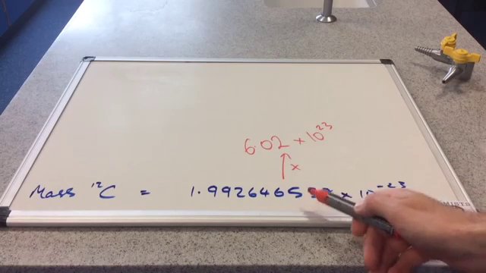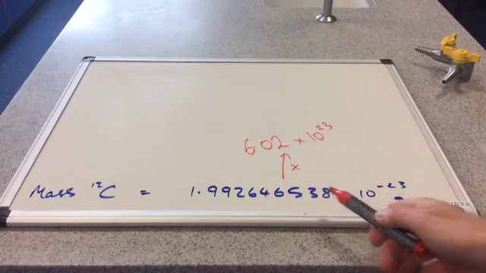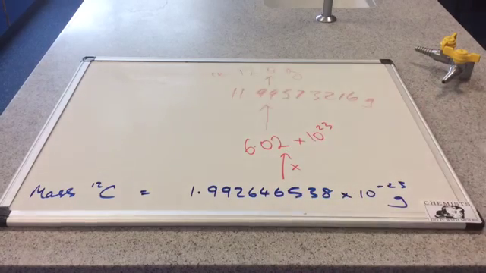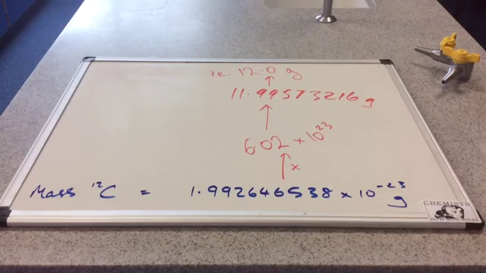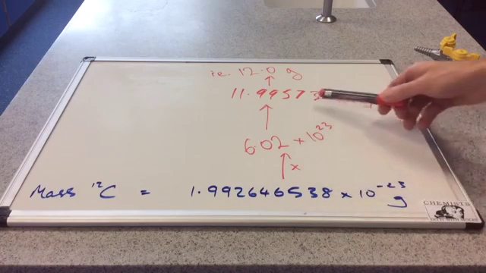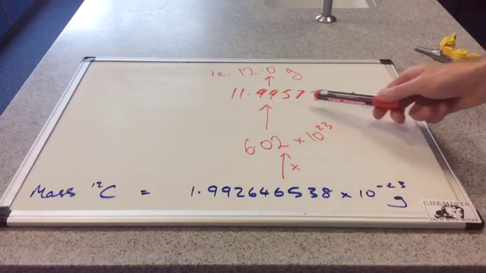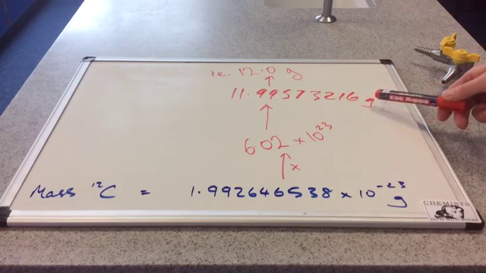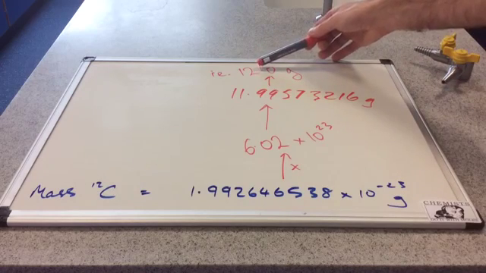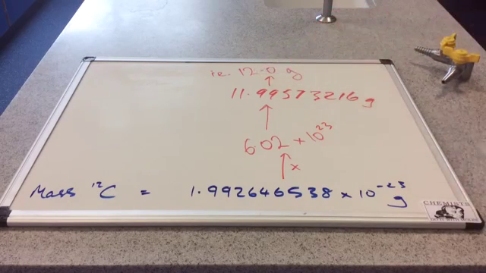So that's the mass of one carbon-12 atom, and we're going to multiply this by this number here. So you can see that multiplying this number by the mass of the atom, we get 11.99573216 grams. So that rounds nicely to 12.0 grams.